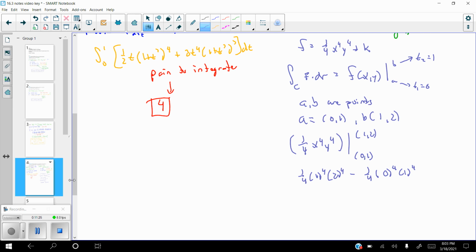So really all I'm going to get is 1/4 times 1 times 2 to the 4th, which is 16. 16 over 4 is 4. And that actually matches exactly what I told you that we were supposed to get from the first one. So you could definitely plug the first one into your calculator just to make sure that it matches, but it will.